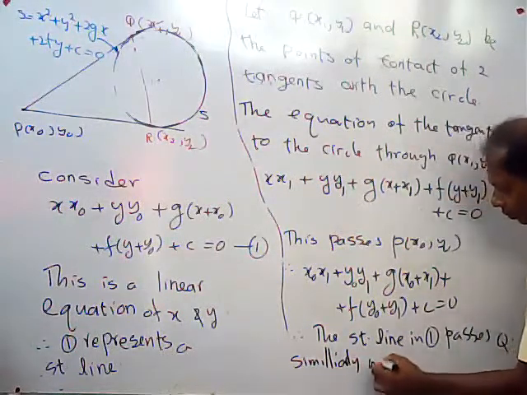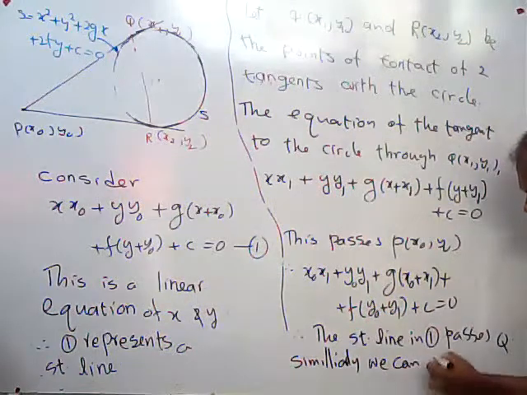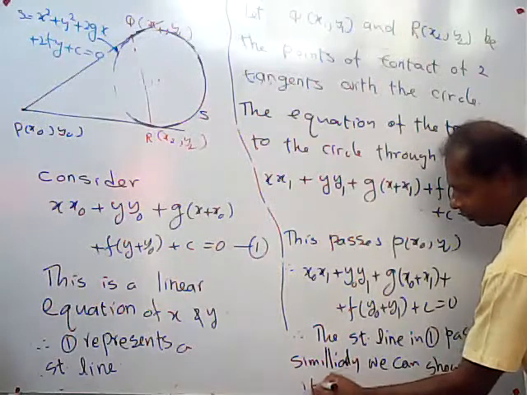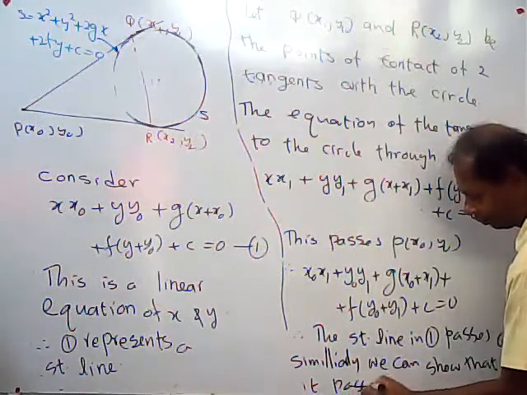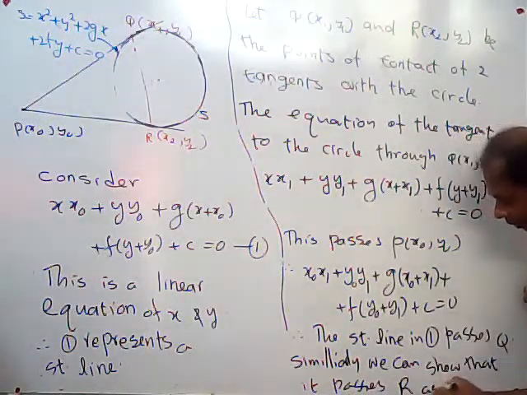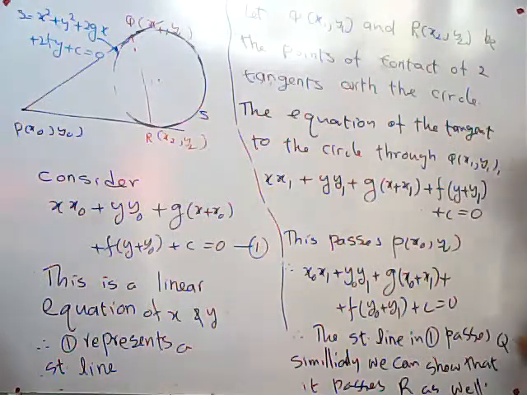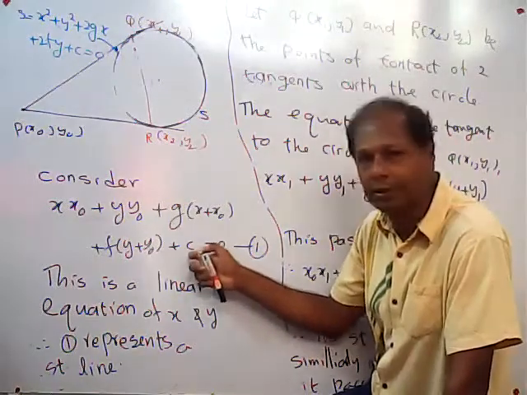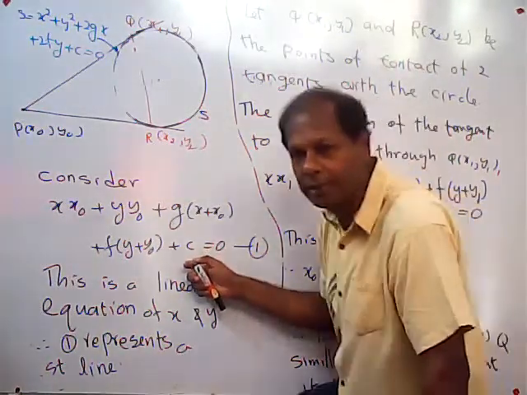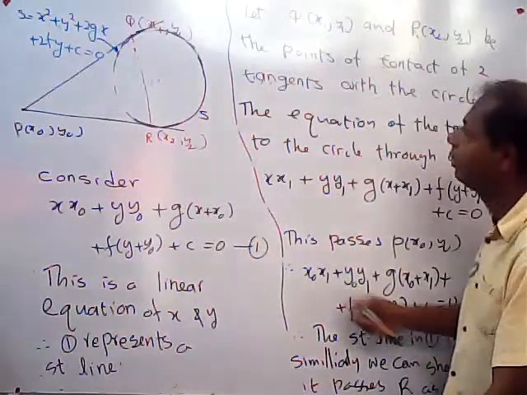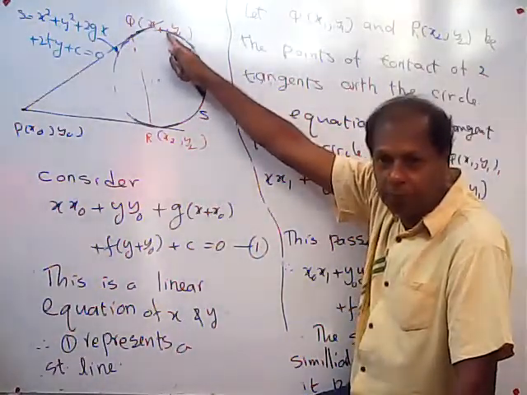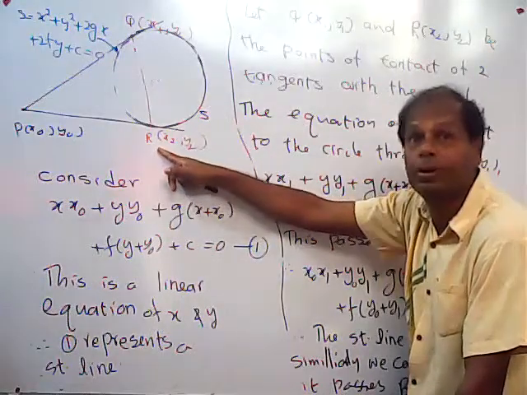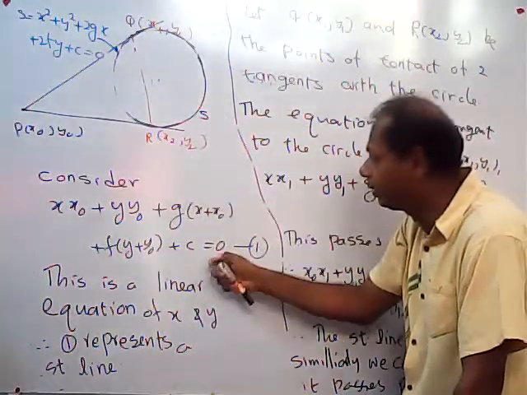Similarly, we can show it passes R as well, right? So first we have shown that this is a straight line. Then we say that straight line passes the point Q, and finally we say that straight line passes the point R as well.